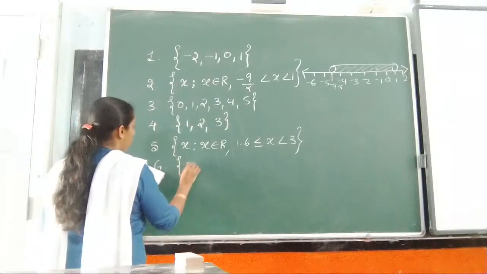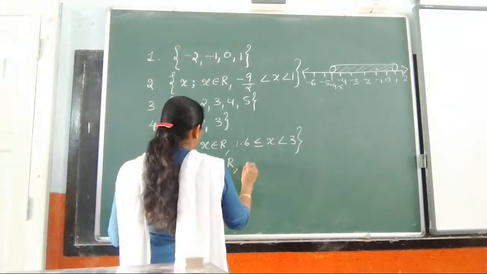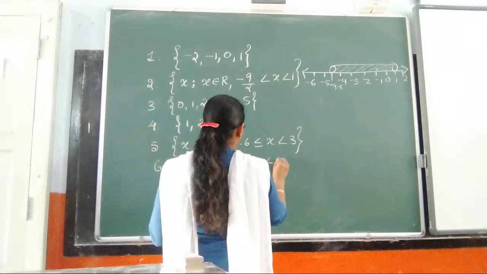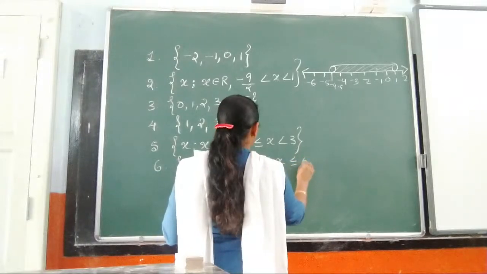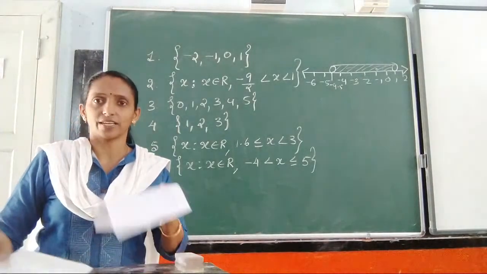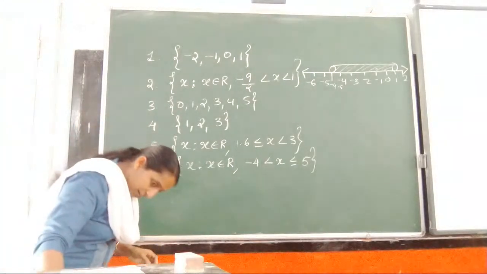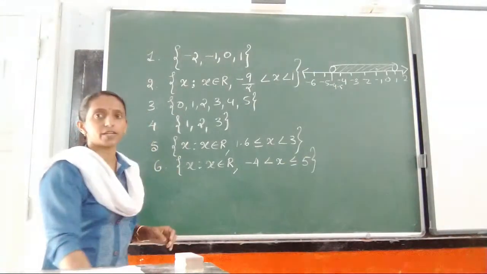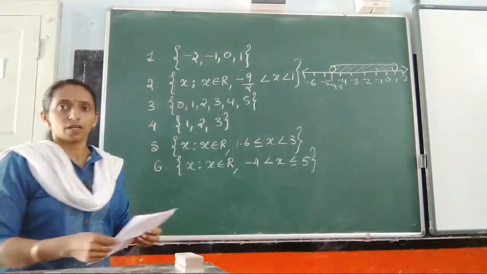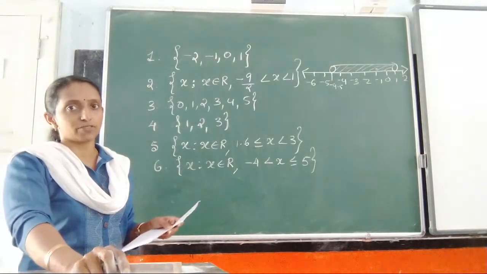So the set of all x belonging to real numbers, -4 less than x less than or equal to 5. So these were the answers to last class's homework questions. If you have solved them, you can go through and find out whether your answers are correct or not. If you have the textbook, no problem; the answers are given there. You can tally with your textbook.